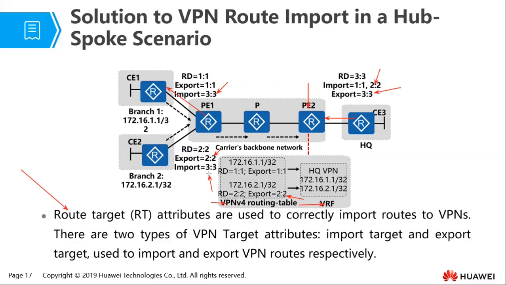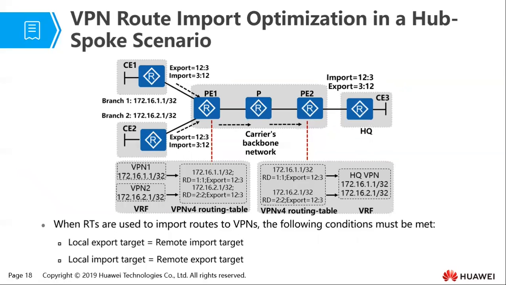This one is also going to import routes from the headquarters because we've also configured it with an import value of 3:3. So really, that is how the route target is used to import routes from the global routing table to the VRF. So I hope that is clear. Any question?